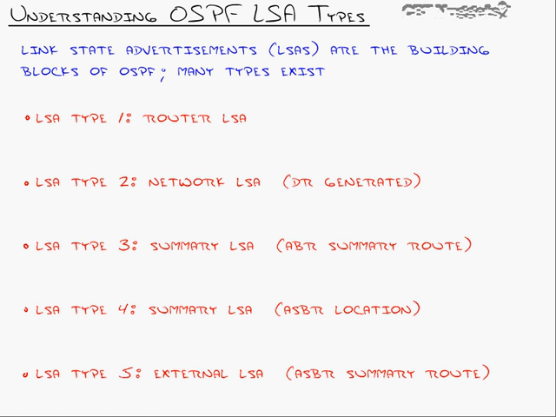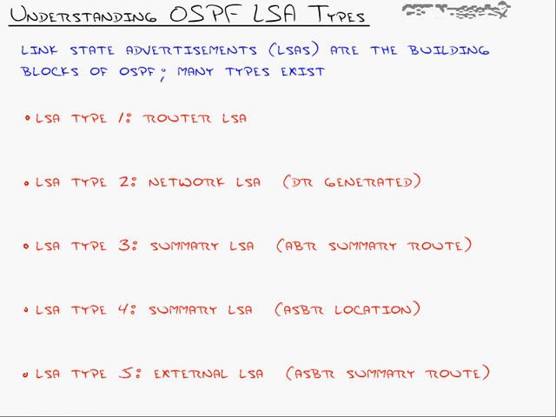As soon as we do summarization, we get those new LSA types that we talked about in the previous video. The LSAs are the building blocks of OSPF. They advertise routes. They advertise routers connected to the same switch or the same subnet. That's the LSA type 2. The LSA type 3 and 4, the summary LSAs, get generated anytime we have an ABR that passes routes from one area to the other.